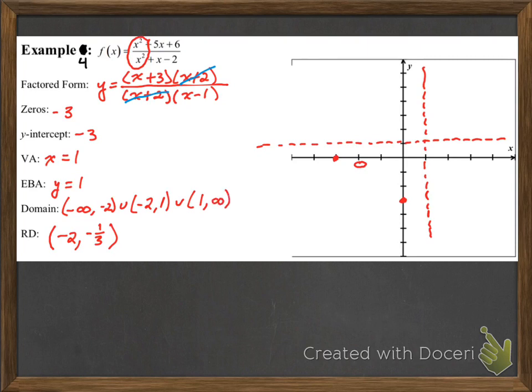Now we can kind of see the curvature of the graph right here going through these 3 points, and that's going to give us our graph. It's kind of easy to see here, and then it has to approach the asymptotes, and it will do the same thing in the diagonal quadrant up here.